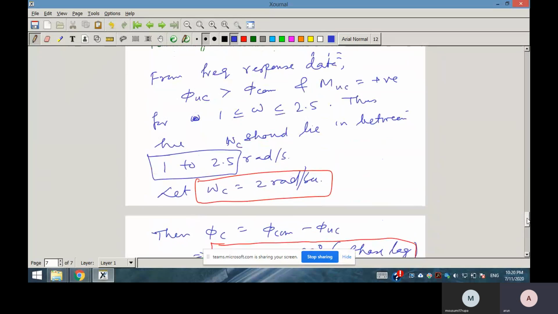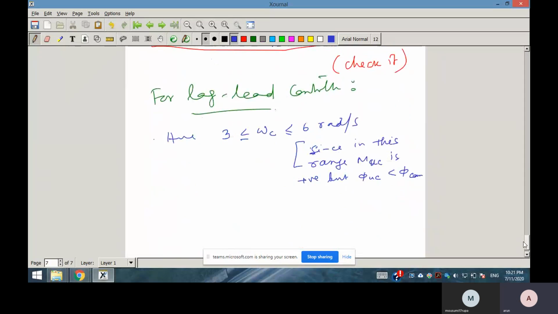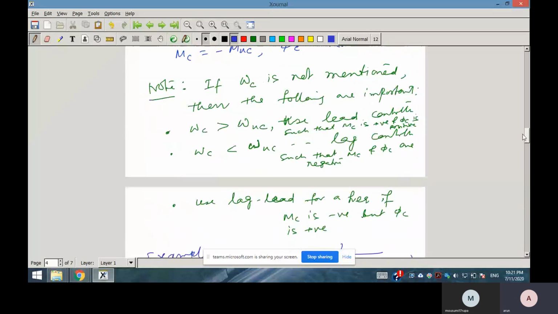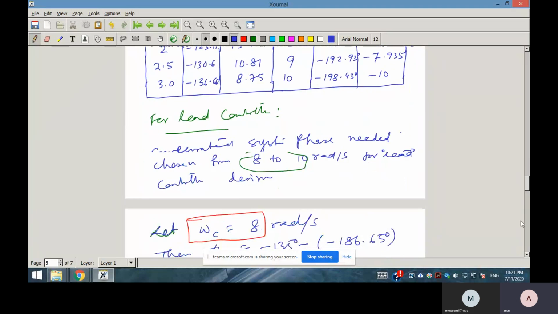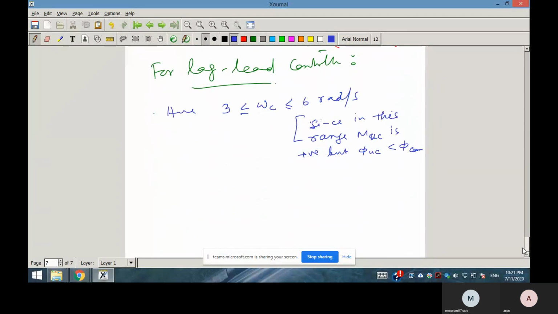You can see phi UC has to be less than phi com. Yes. So we'll take some frequency in this range, say omega is equal to 4 radian per second. So we'll take this one.